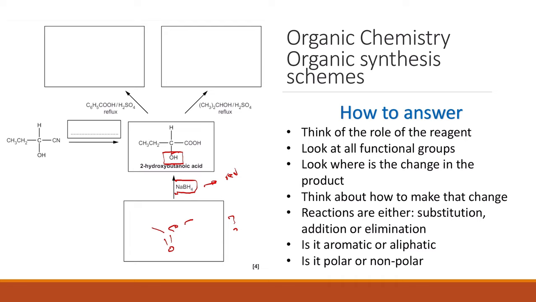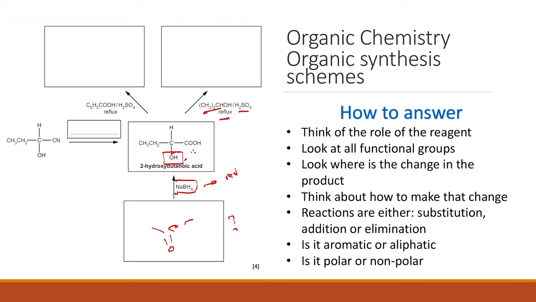And then the next step, now you have two functional groups. You need to look at all the functional groups and look where the change could happen in your product. So now you have an alcohol and the carboxylic acid. What you added here was an alcohol with sulfuric acid with reflux. So an alcohol will react with which functional group? It will react with the carboxylic acid.